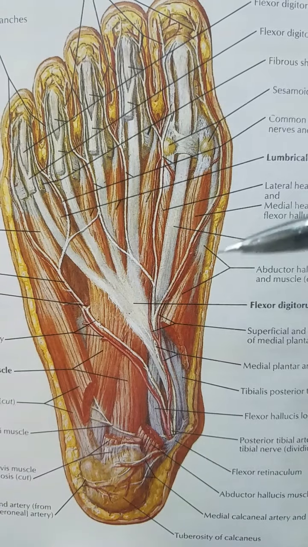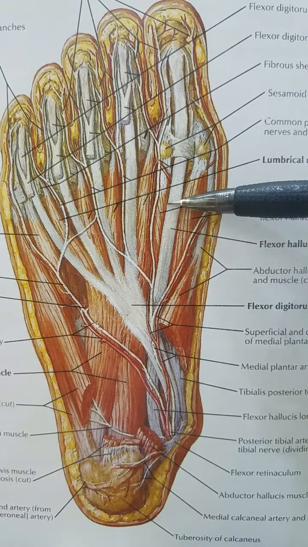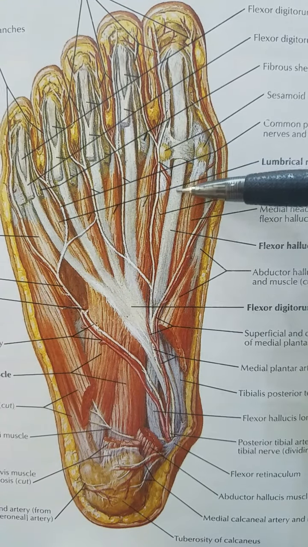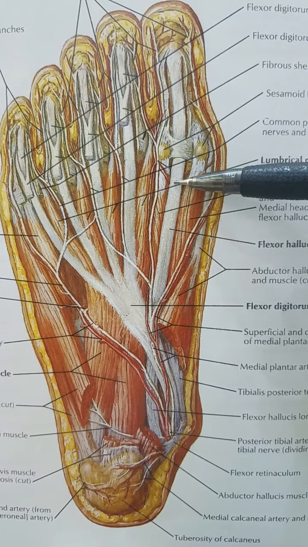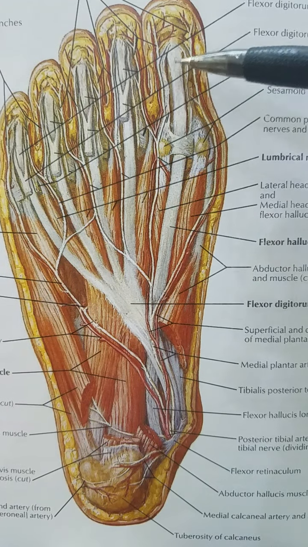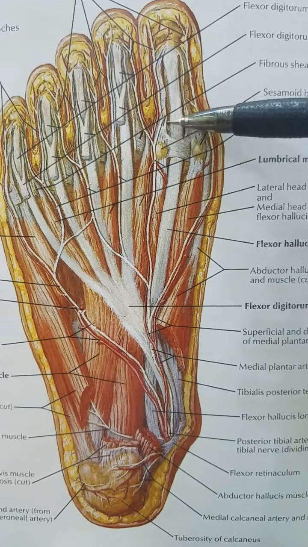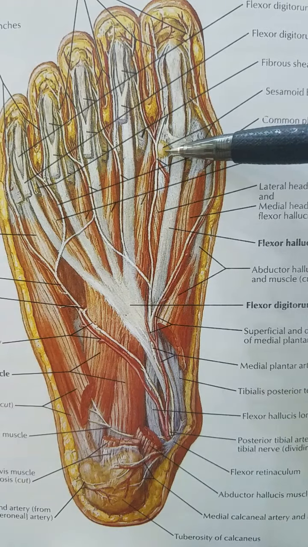Okay, so here you can clearly see the tendon of the Flexor Hallucis Longus muscle passing. So this is the sole of the foot, and the tendon of the Flexor Hallucis Longus passes all the way to the base of the distal phalanx. When it passes here, it travels through these two sesamoid bones, right?